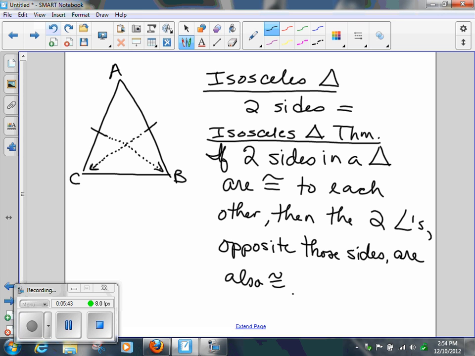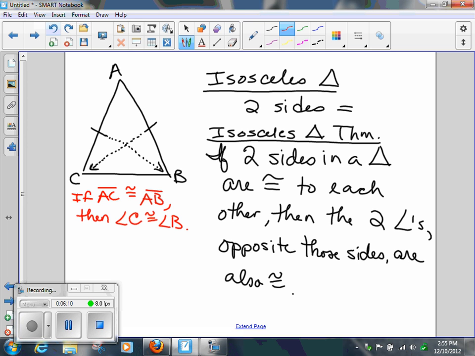So what this isosceles triangle theorem is saying is, if segment AC is congruent to segment AB, then angle C is congruent to angle B. That's what that theorem is saying.